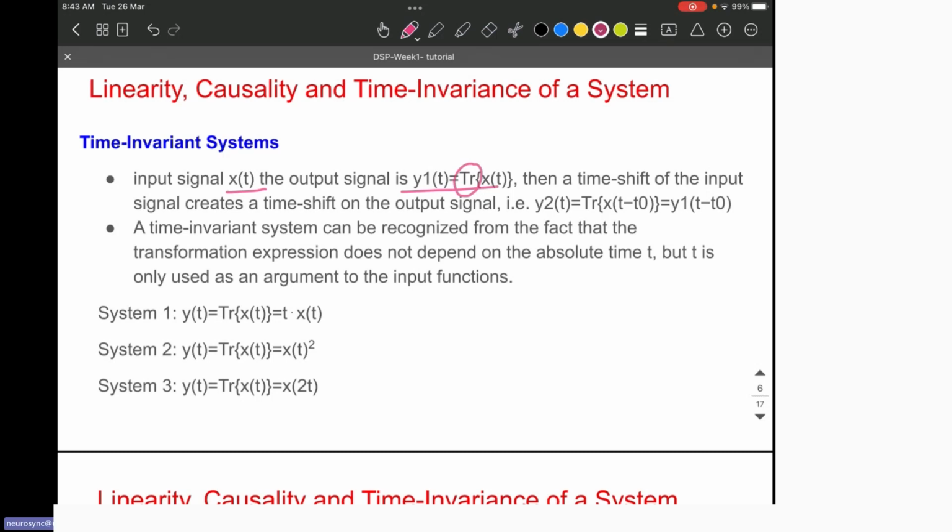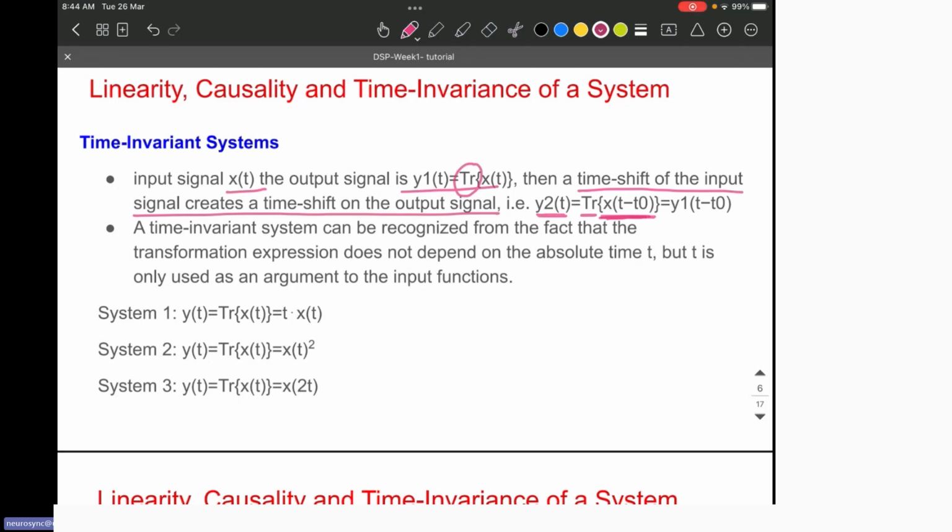Now the time shift of the input signal creates the time shift on the output signal. If I shift the input signal by some time t0, the shifted input signal is represented as x of t minus t0. Now let us say the output of the shifted input signal is y2 of t. Then I will apply this transformation TR on this shifted signal x of t minus t0.